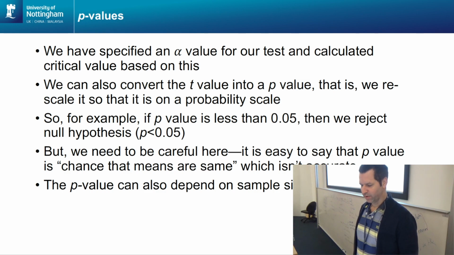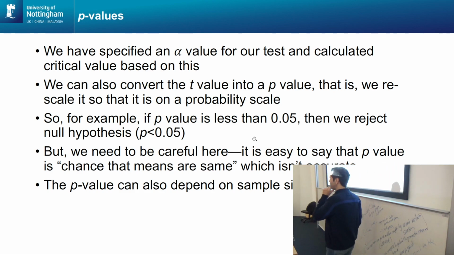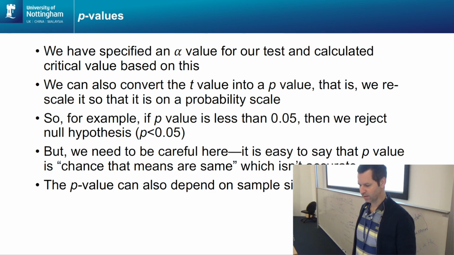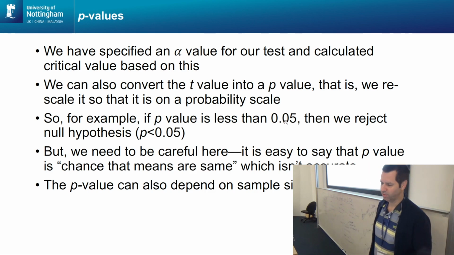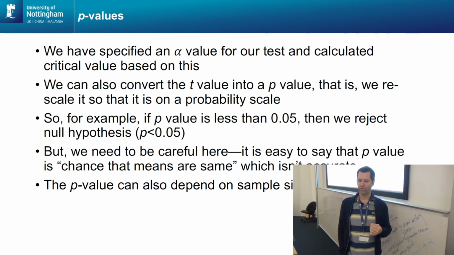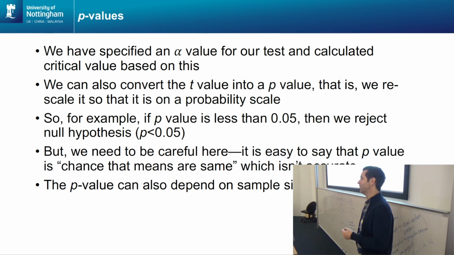So we can convert the t-value into a p-value so that it's on a probability scale rather than based on some critical threshold value. The typical value is 5% or 0.05. If we get a p-value of less than 0.05, we can be confident that we can reject the null hypothesis.